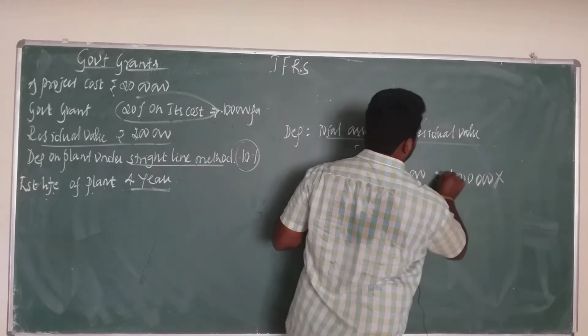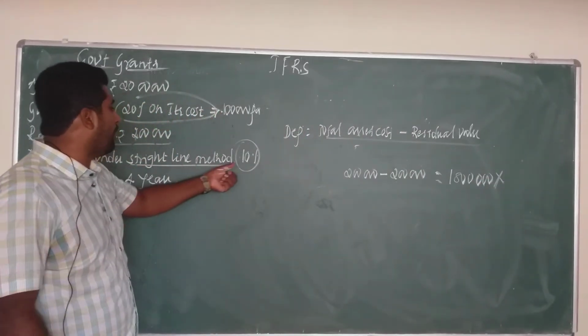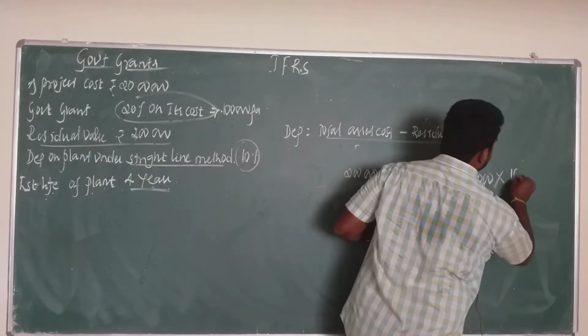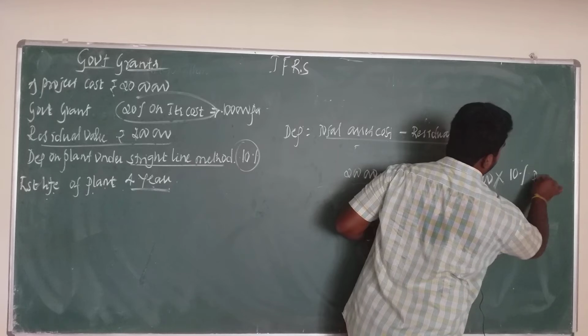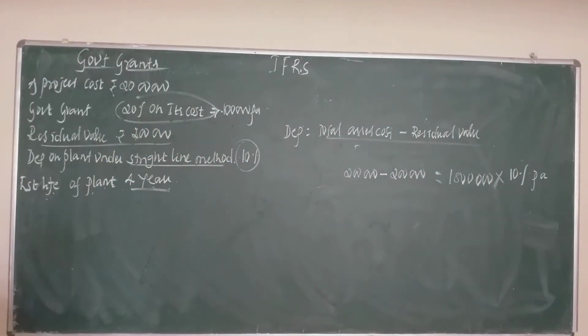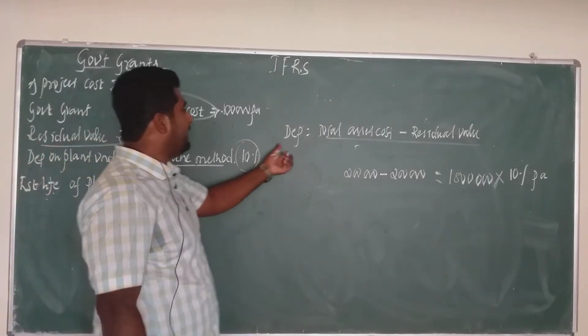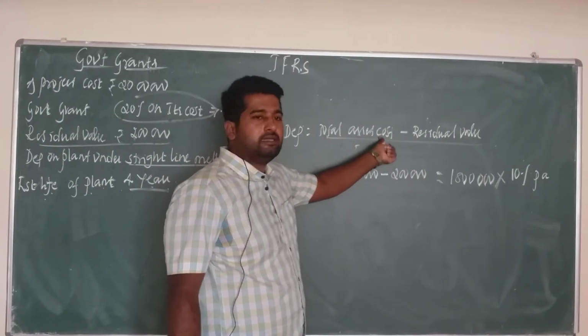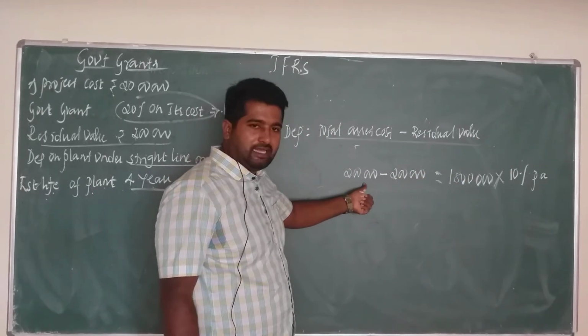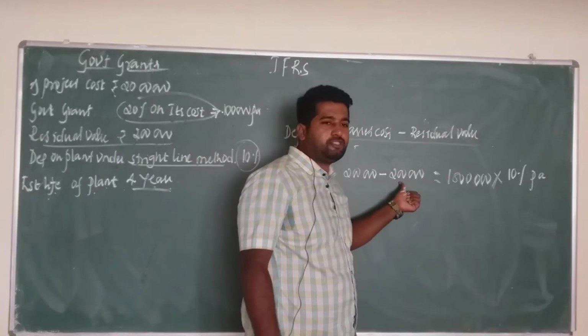On 18 lakhs, what is the rate of DEP already provided? 10%. 10% per annum. Once again, total value of DEP equals total asset cost minus residual value. Now here total cost is 20 lakhs minus scrap value, how much? 2 lakhs.